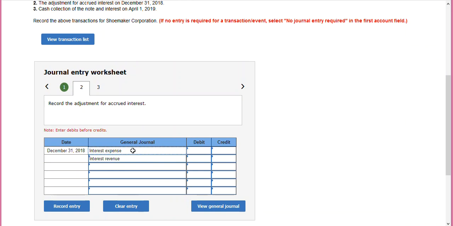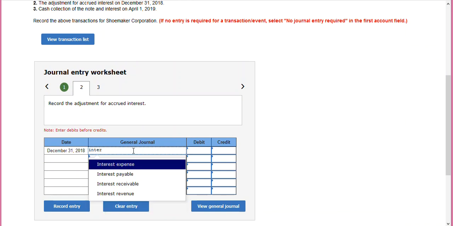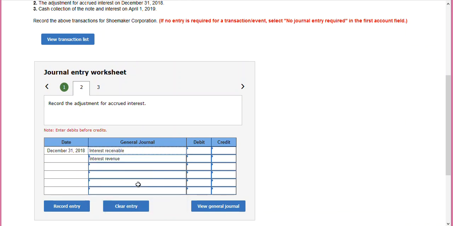So we're recording the revenue in the period during which the money's been outstanding so far. We loaned them that money in April, and it's now the end of December. So we have 9 months of interest that we've actually earned because they've had our money for 9 months. So we're going to credit interest revenue, and the debit should be interest receivable. We get these terms right maybe eventually.